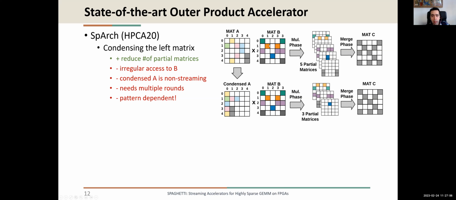Because we have 5 pairs of columns and rows. What we can do is condense matrix A to the left, and then we can do the multiplication. So in that case, we will have only 3 partial matrices, because we have only 3 columns in matrix A. So this idea reduces the number of partial matrices, and that means that it reduces the cost of doing this merging and sorting every time.